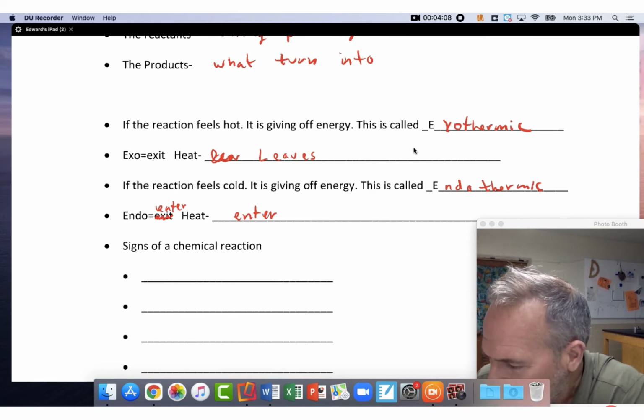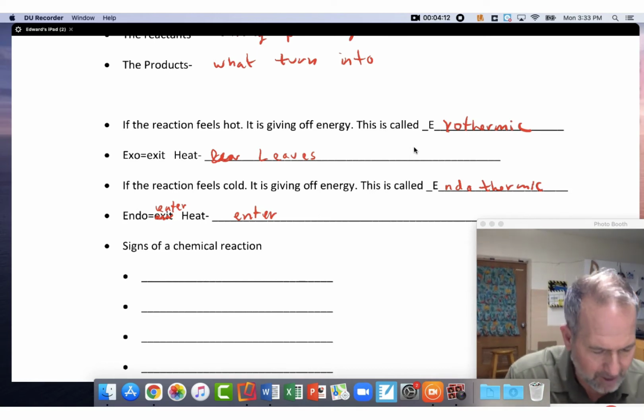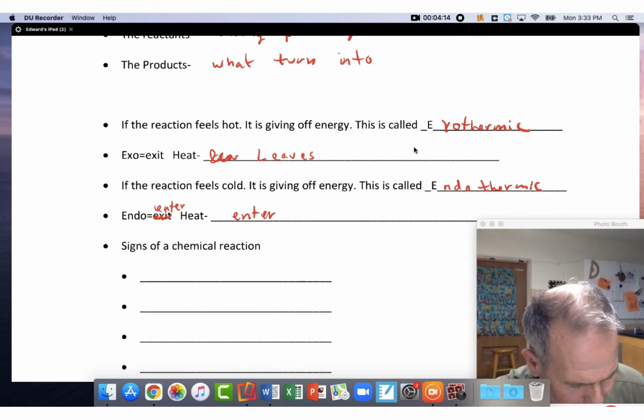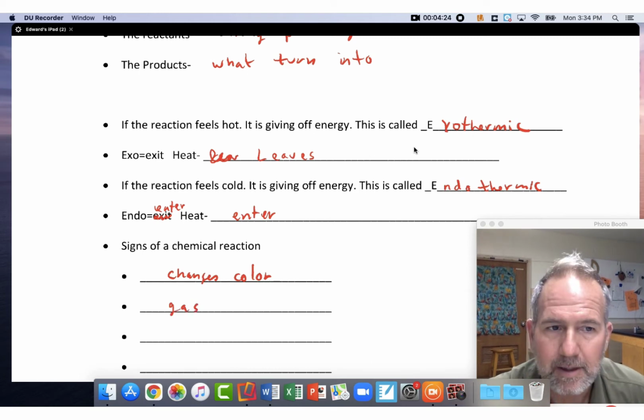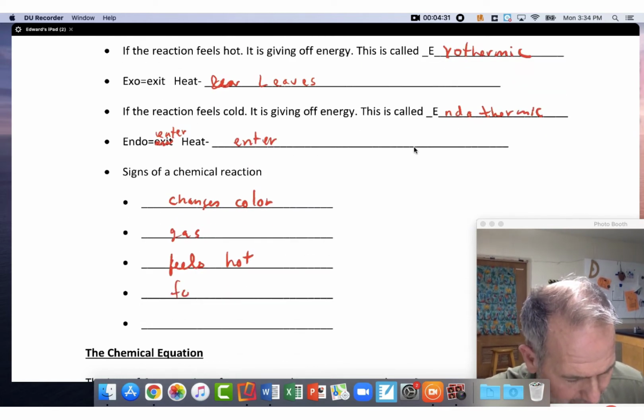Sounds good to me. We have some things that we've already talked about. I just said them. How do we know there's a chemical reaction? Because maybe it changes color. Maybe it gives off bubbles, which is a gas. Maybe it gets hot. Maybe it feels cold.